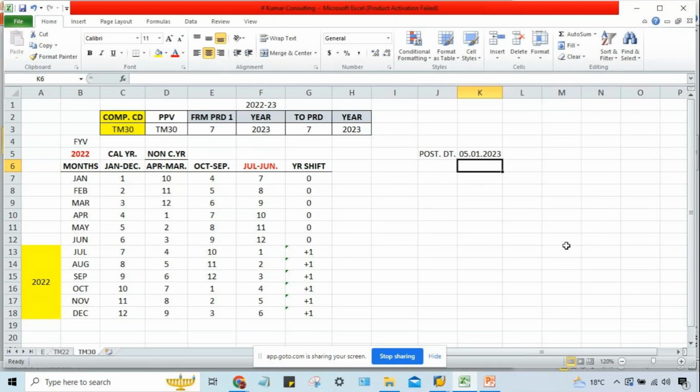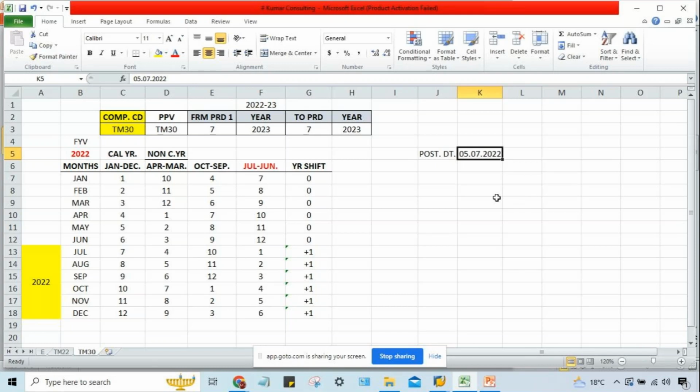How come? 5th of July means generally July is the first period and we have entered 2023. So you have to enter the date as per calendar year itself. SAP is going to assume and calculate automatically, based on our configuration, right?